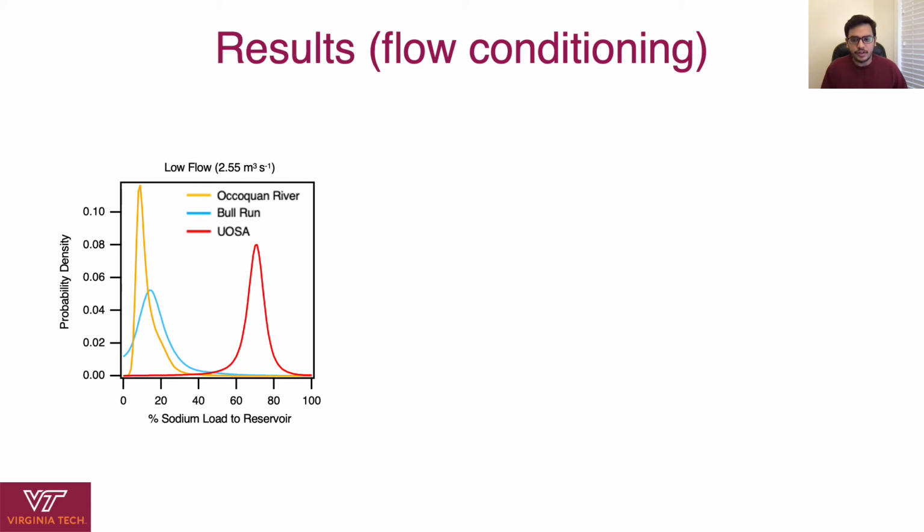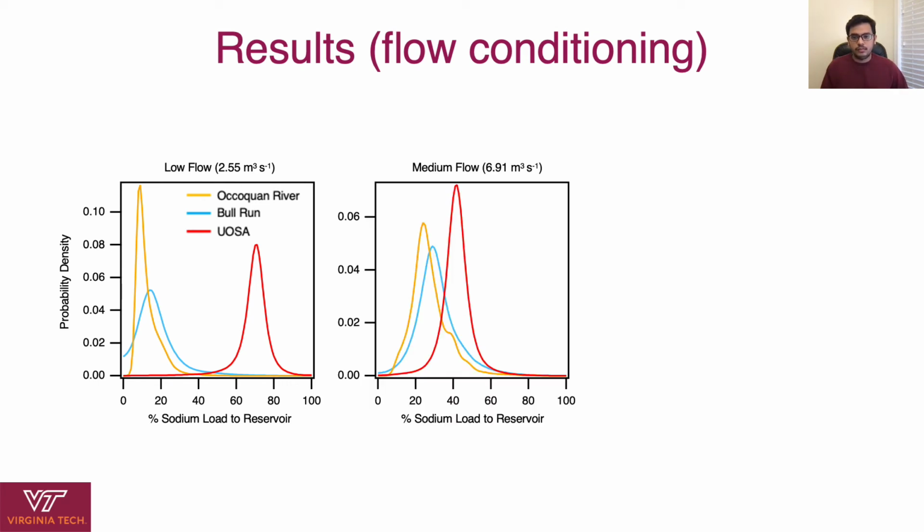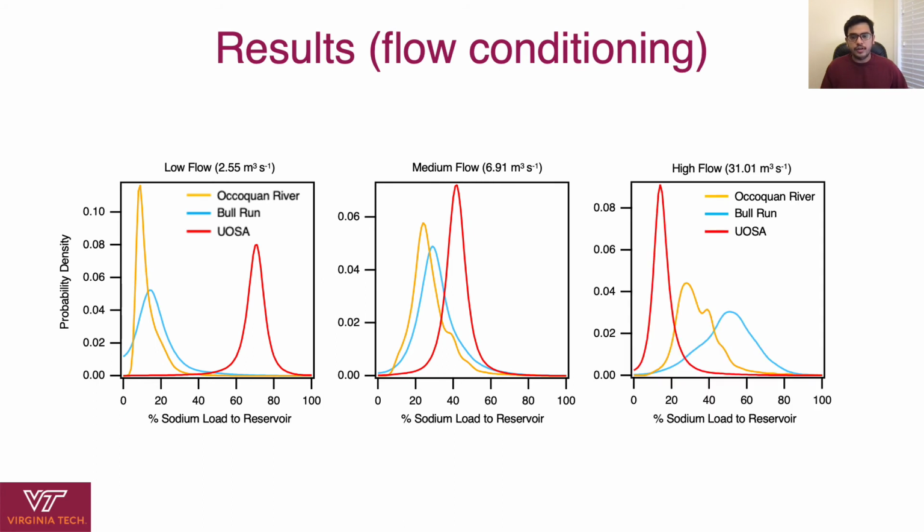During dry weather conditions, UOSA contributes around 60 to 80% of the total sodium mass load that flows into the reservoir. This contribution decreases to around 30 to 50% during medium flow conditions and further down to between 5 to 25% during wet weather conditions.